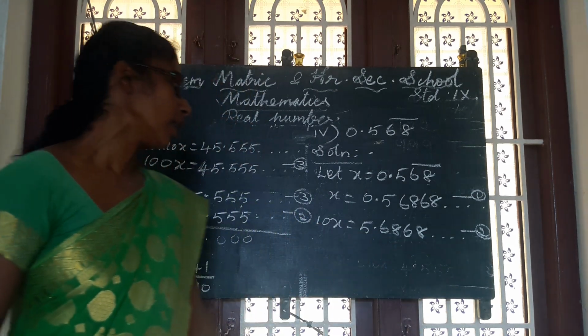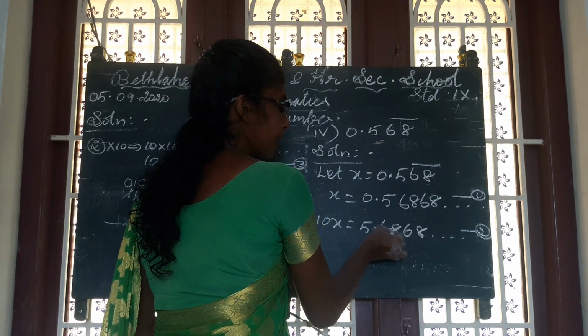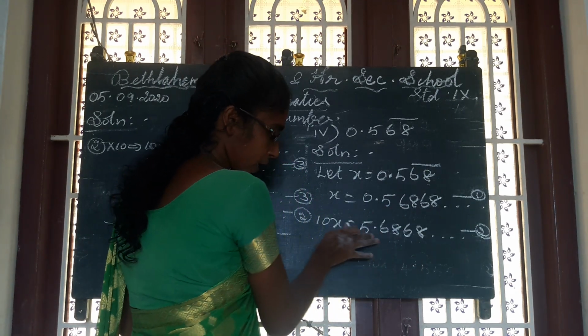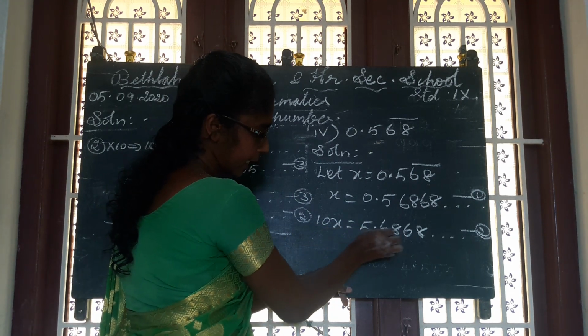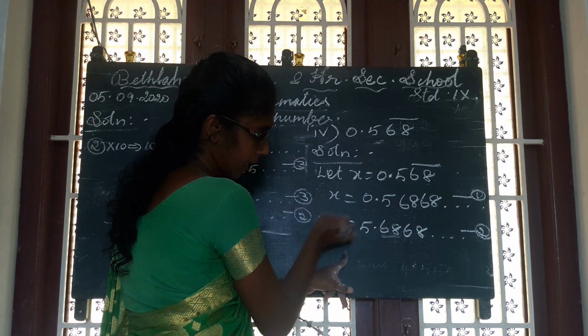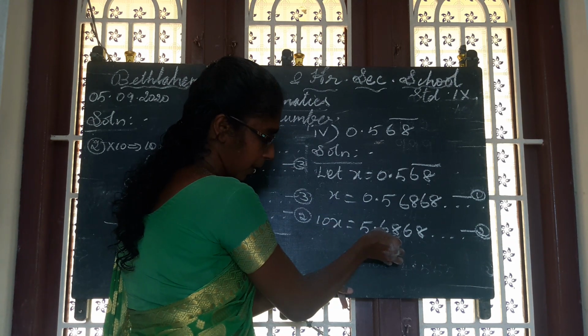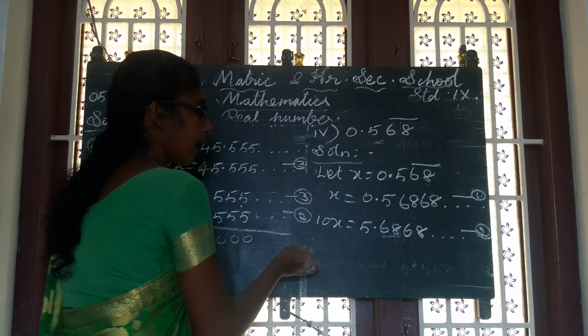This is equation 2. Next, what digits are repeating? 6868. So here 10x is equal to 5.6868, and 2 digits are repeating. So equation 2 you want to multiply by 100.